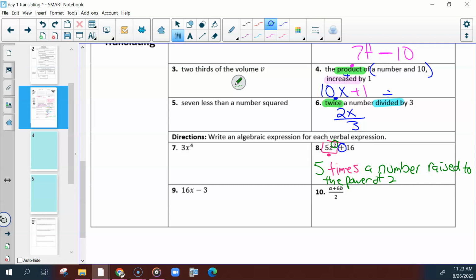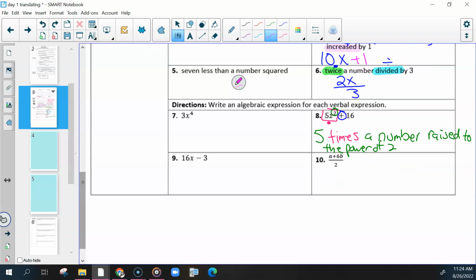Someone give me a word for addition. In this case, and would work, but we kind of want to avoid using the word and unless we're using it with like the sum of. Increased means addition. Okay, so we can say increase. Let's say increase or increased by.